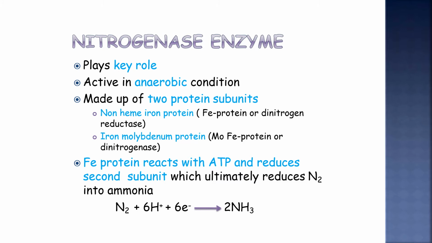Secondly, the iron molybdenum protein, MoFe protein or dinitrogenase. The iron protein reacts with ATP and reduces the second subunit, which ultimately reduces nitrogen into ammonia. So here you can see the formula clearly: 2 atoms of nitrogen plus 6 atoms of hydrogen plus 6 electrons give 2 ammonia molecules.